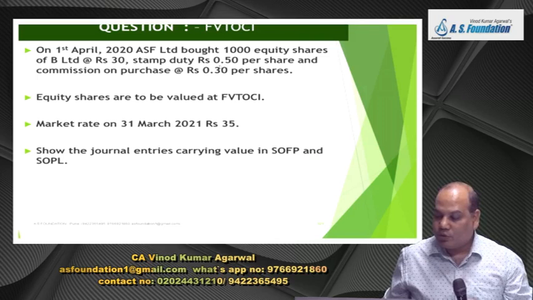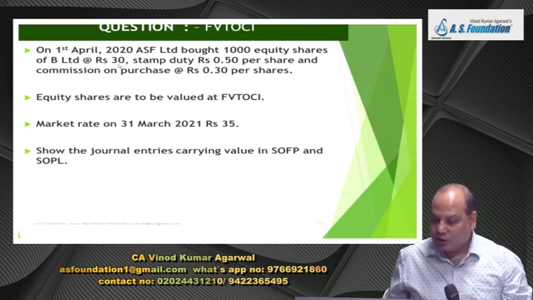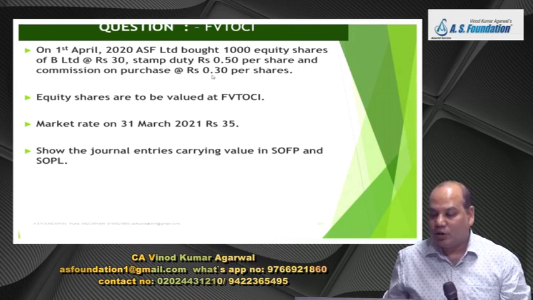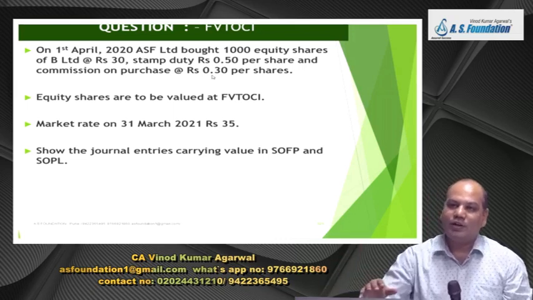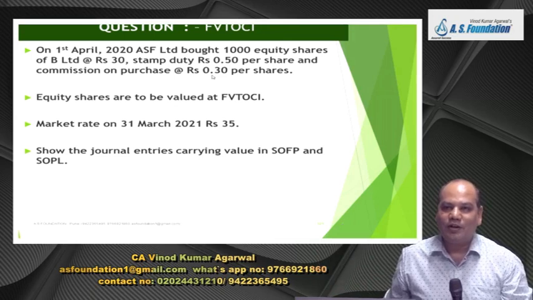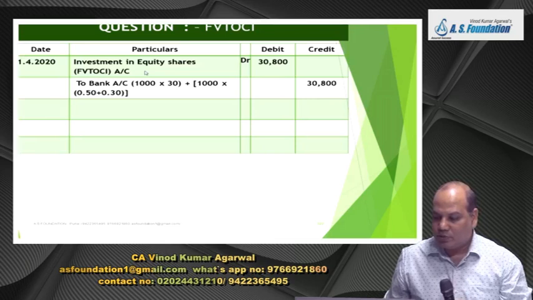This time I am going to value investment in the beginning at 30 rupees, add on your calculator, plus 0.50 plus 0.30, 30.80 into 1000. Directly the transaction cost also I will add in the investment. So my entry number 1 will be investment in equity share FVT OCI account debit.